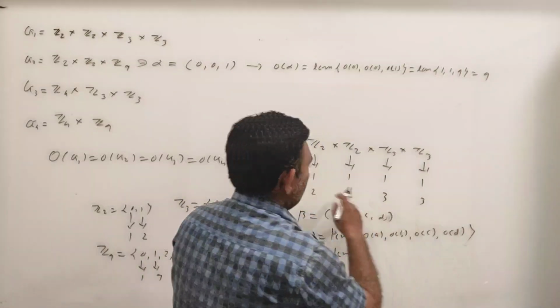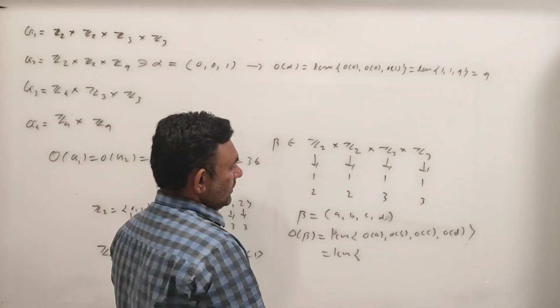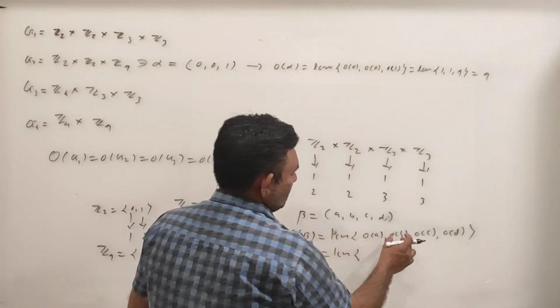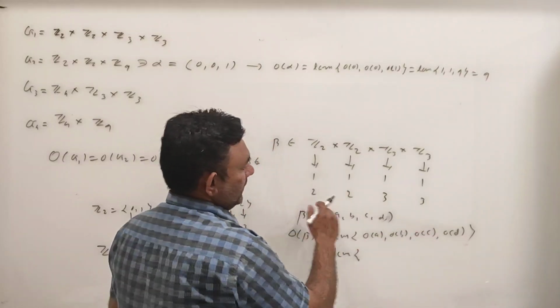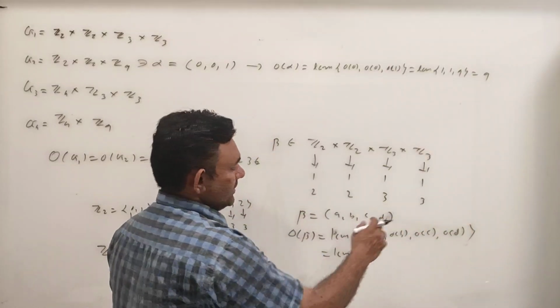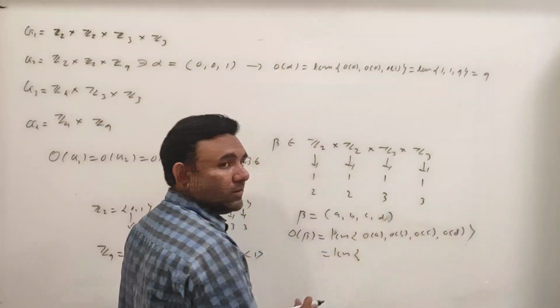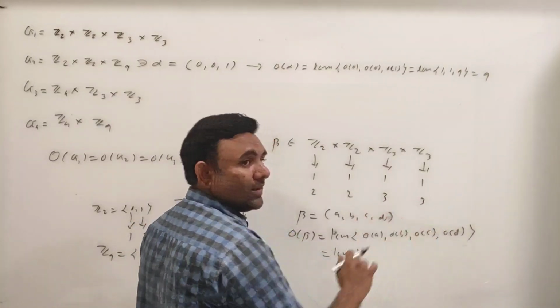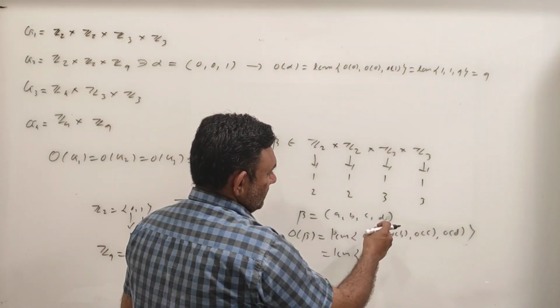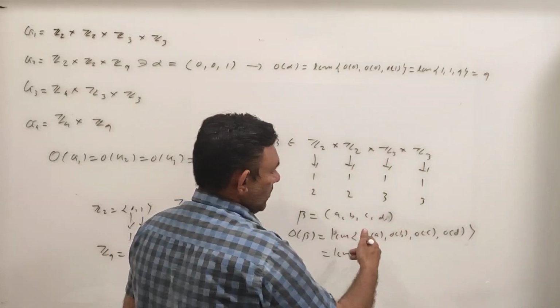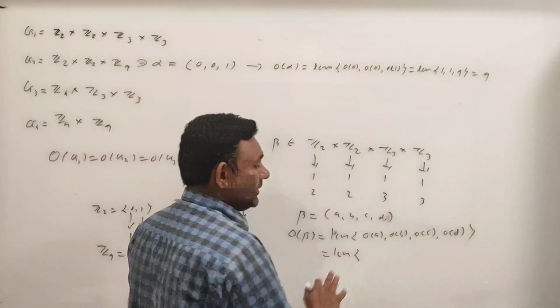So the value of the orders will be either all are 1, some are 1 and remaining are 2, some are 1 and remaining are 3, some are 2 and remaining are 3, means 2 and 3, all are 2 or all are 3.